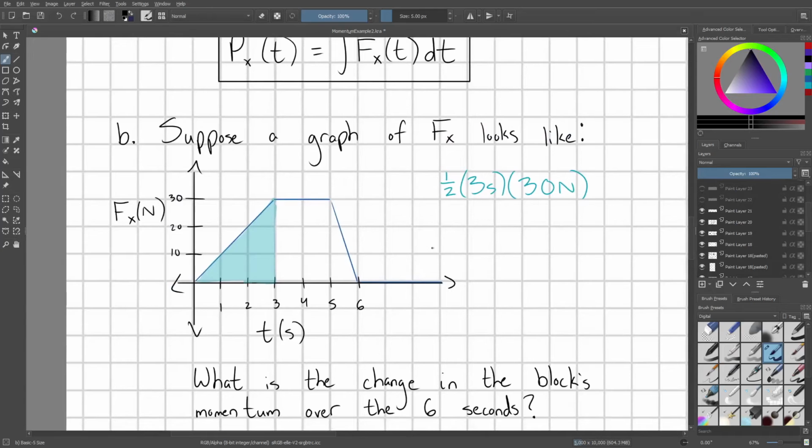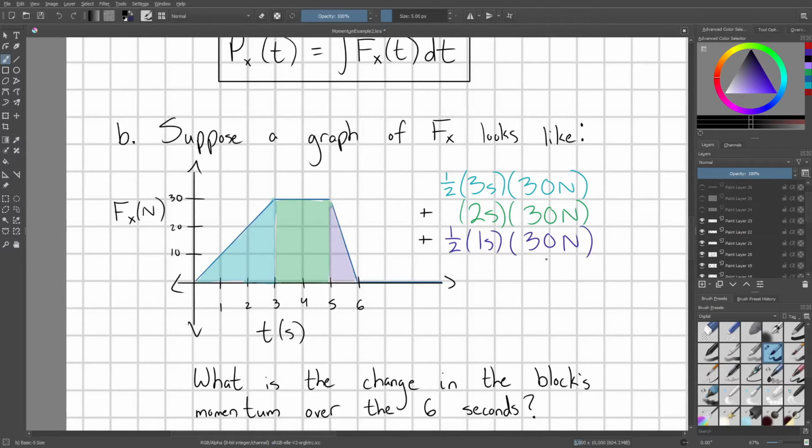This first triangle here is going to have an area of 1/2 times its base, which is 3 seconds, times its height, which is 30 newtons. This rectangle, just take the length times the width, so 2 seconds times 30 newtons. And then here, my last triangle, we have a base of 1 second and a height of 30 newtons, so 1/2 times 1 times 30.